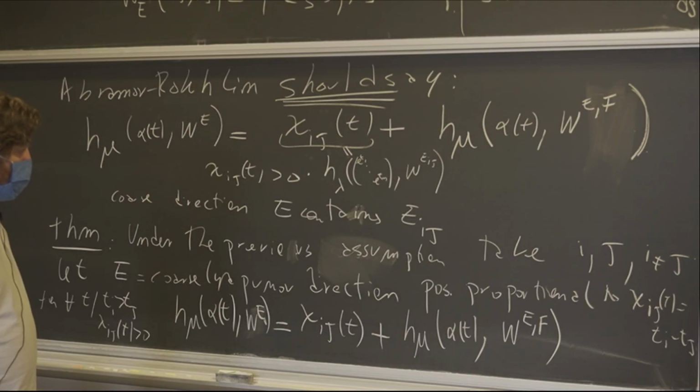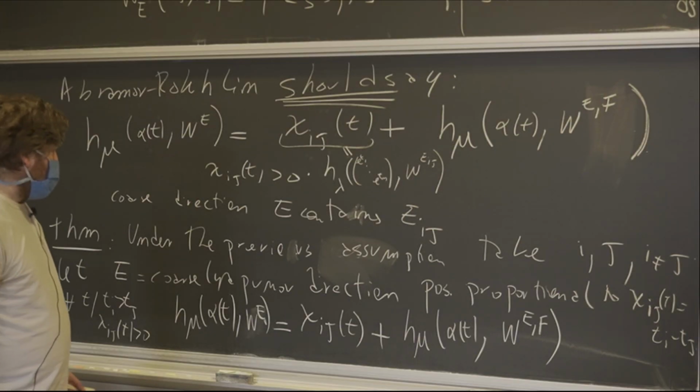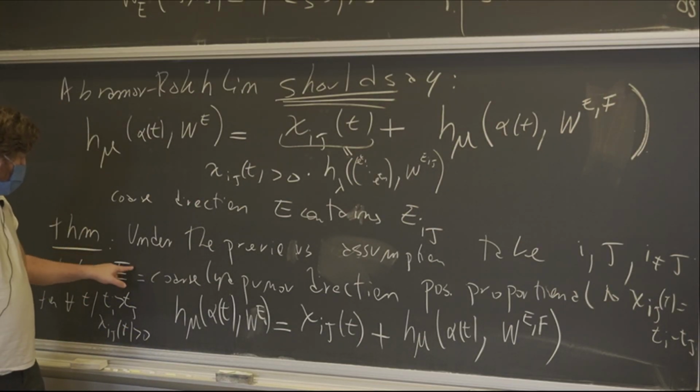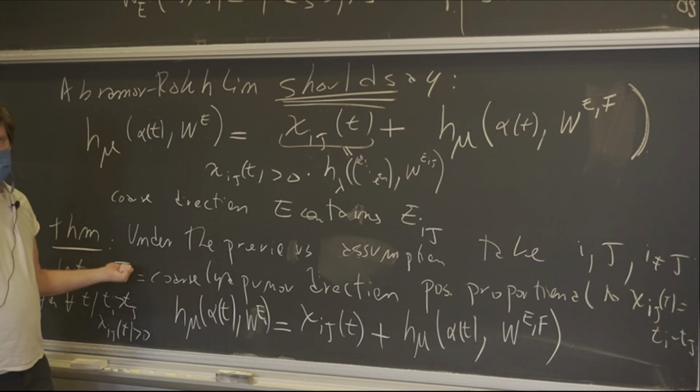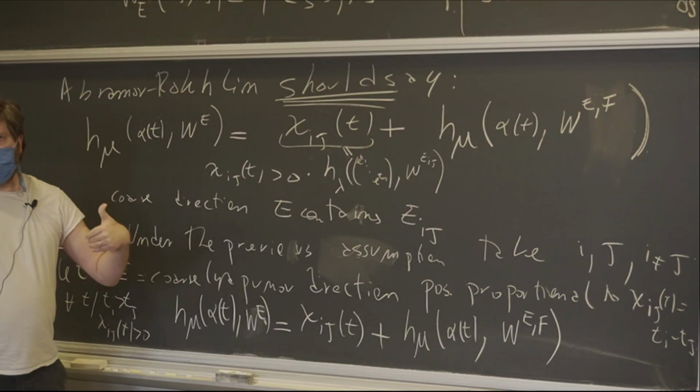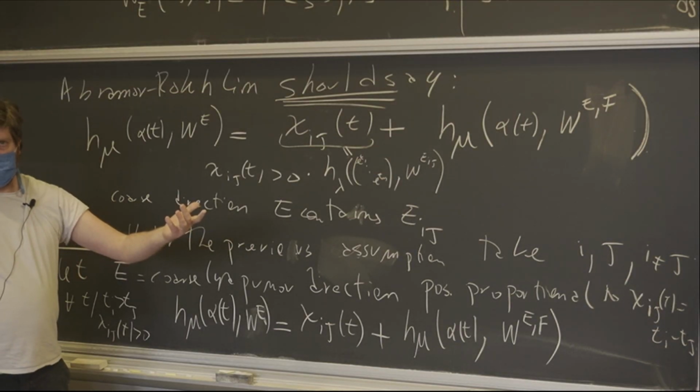So what does it mean to say that the coarse Lyapunov direction is positively proportional? Well, a coarse Lyapunov direction is associated to a family of Lyapunov exponents, all of them being positively proportional.